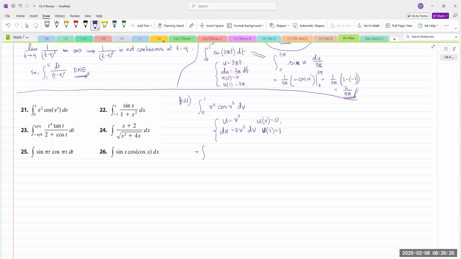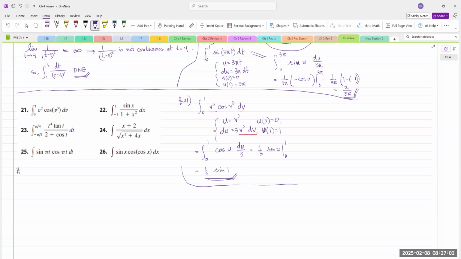So this is the integral from 0 to 1 of cosine u du over 3, right? Because phi squared d phi is du over 3. So this will be 1/3 sine u from 0 to 1. That will be 1/3 times sine 1 minus sine 0, which is 0. That's for number 21.